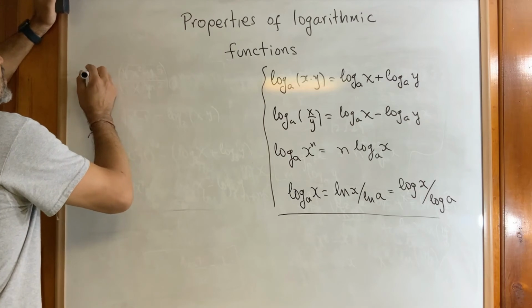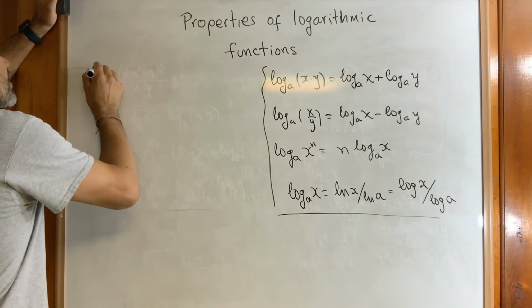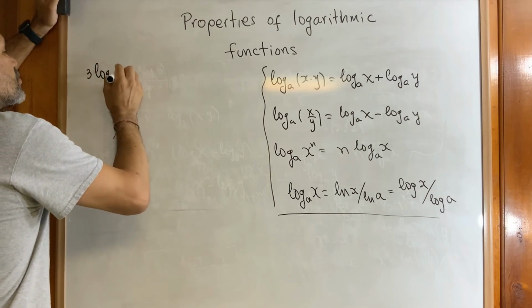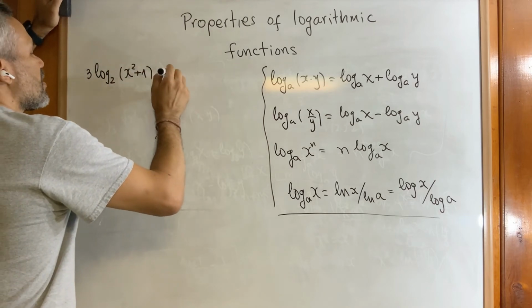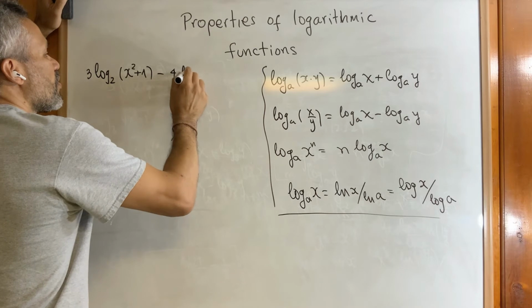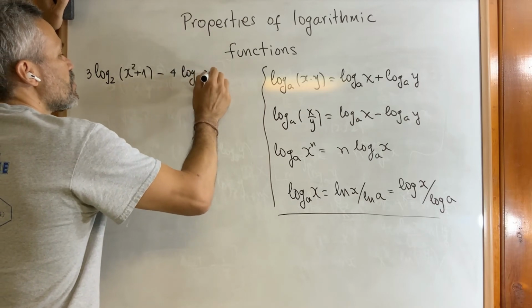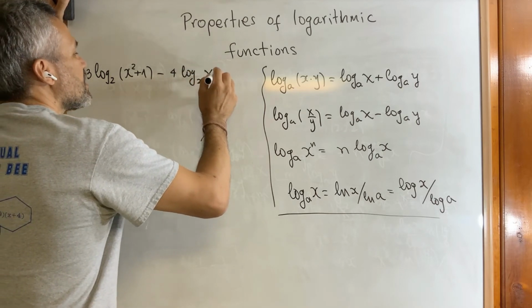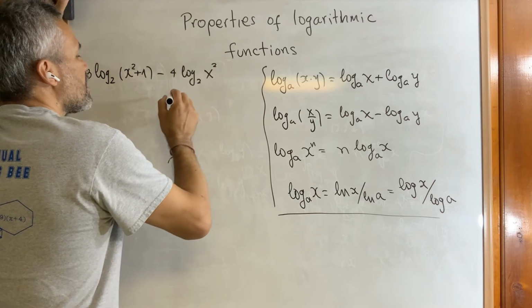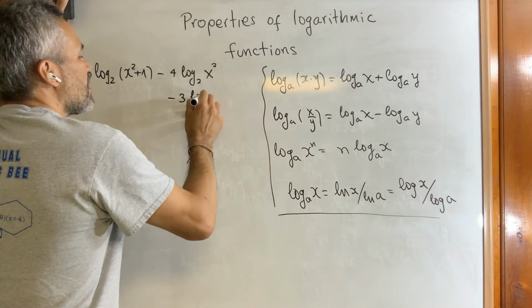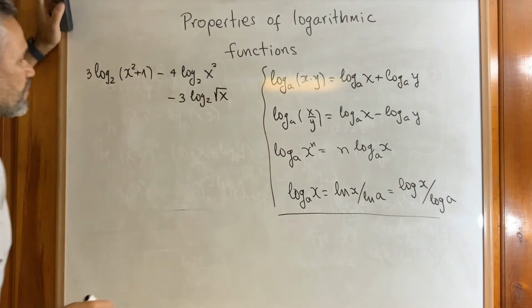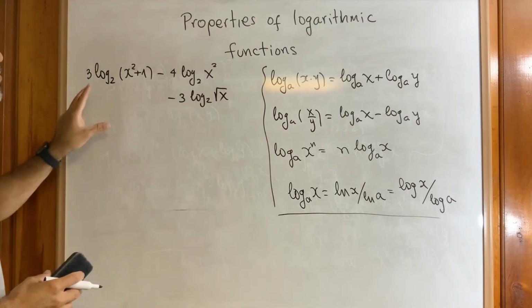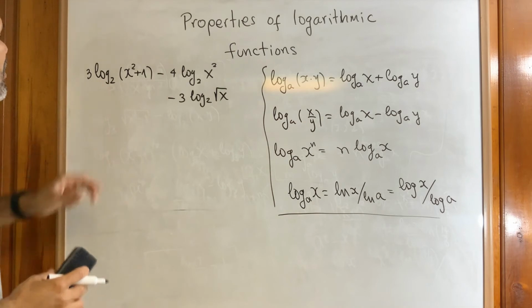We have something like 3 log in base 2 of x squared plus 1 minus 4 log in base 2 of x squared minus 3 log in base 2 of a square root of x. Then now let's write it as a single log.